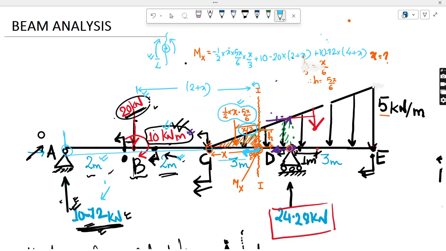Now this is my bending equation. As you can see here, x is multiplied 3 times, so the power will be x cube. That's why the curve we used was a cubic parabola, or just a cubic curve.